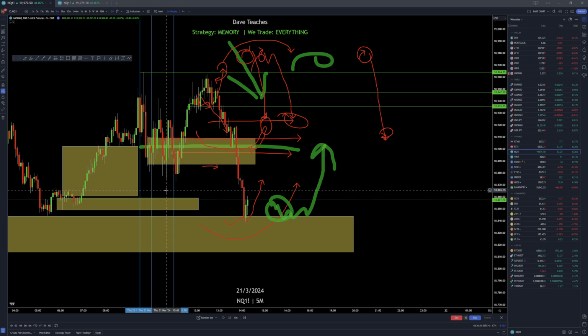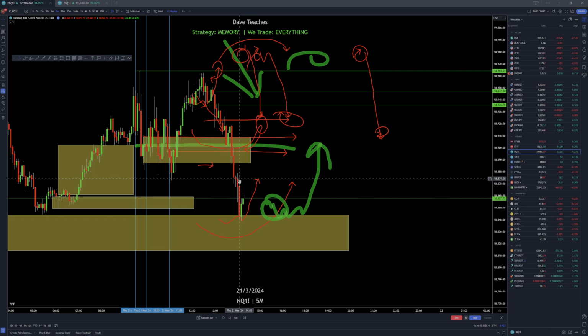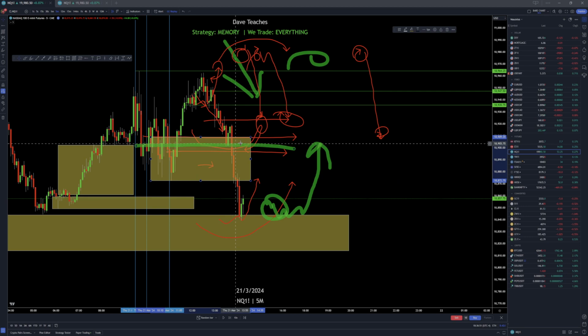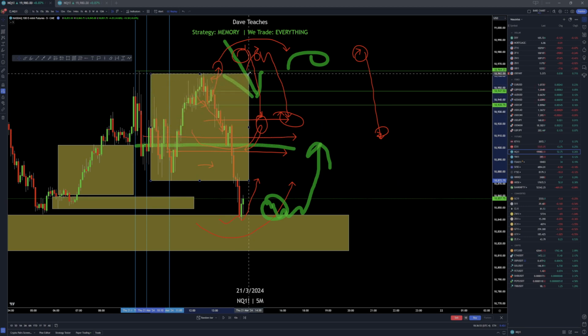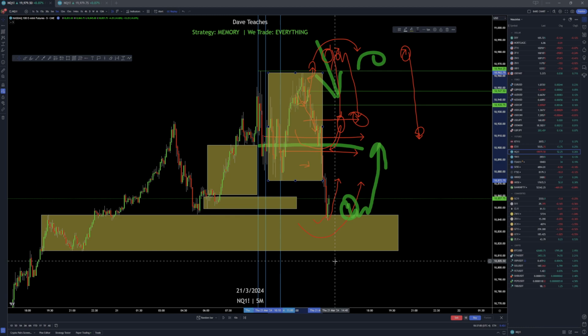So we have a large down candle. I'm hoping we could have another move down and then up, but as I mentioned, we would be looking for price to get back into here. Right? We'd be looking for price to get back into here if we trade it down below here.